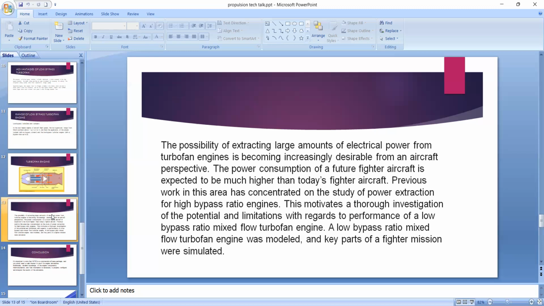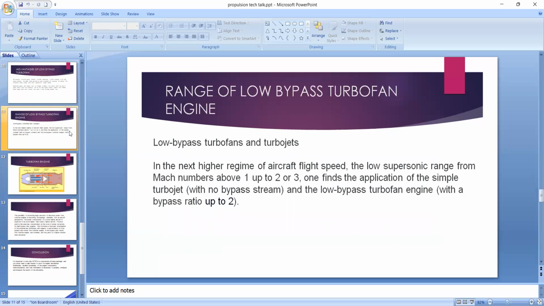This motivates an investigation of the potential and the limitations with regard to the performance of a low bypass ratio mixed flow turbofan engine. A low bypass ratio mixed flow turbofan engine was modeled. Key parts of a fighter mission were generated.